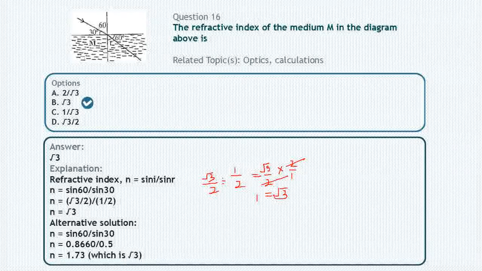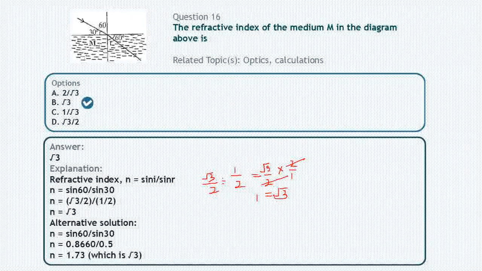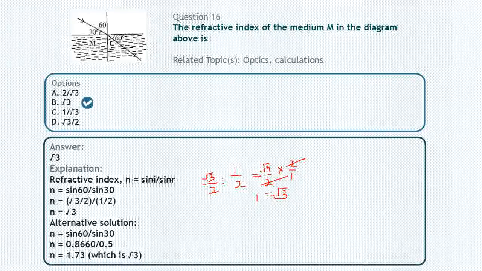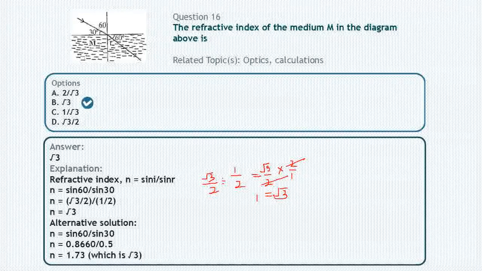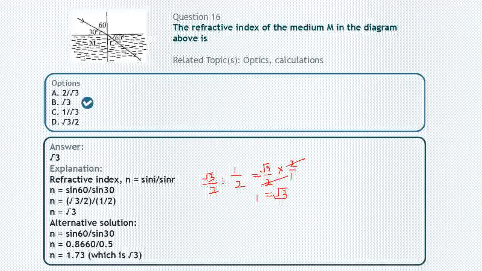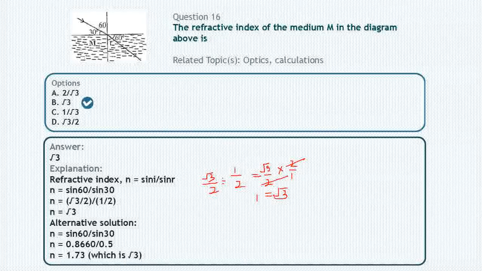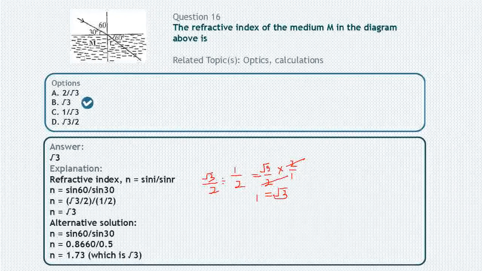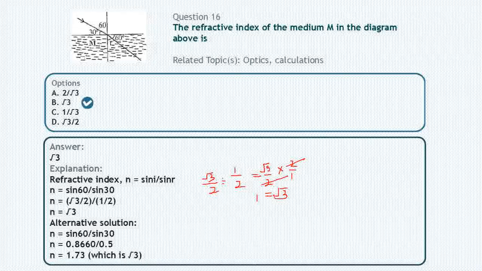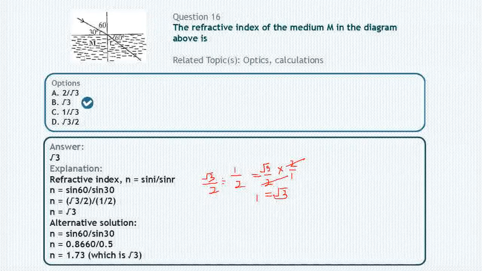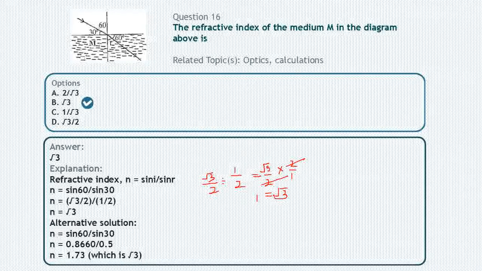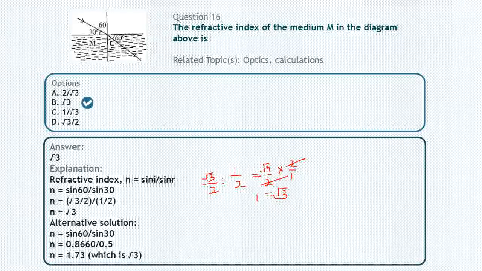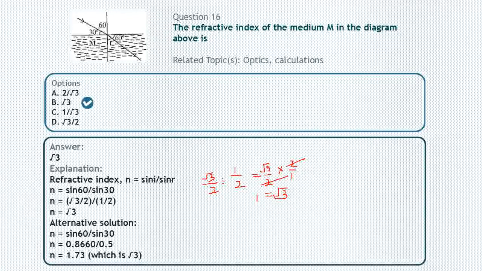Root 3 over 2 divided by 1 over 2 will be equal to root 3 over 2 times 2 over 1.